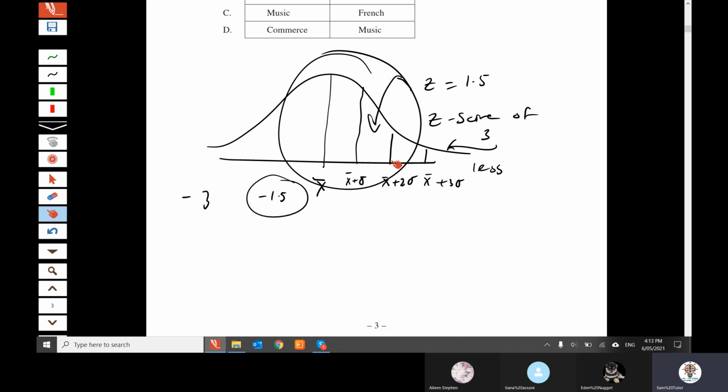You'd rather be here. But then this was the average. So if the average was 60, would you rather be at 65 or 70? You don't want to be at the 10. You'd rather be at 30 than 10. So if it's -3 or -1.5, you've got to say -1.5, which is still bigger than -3. So you go for the big.